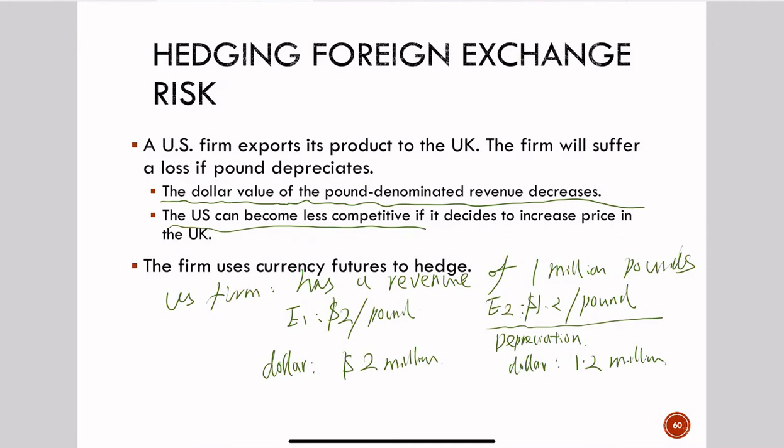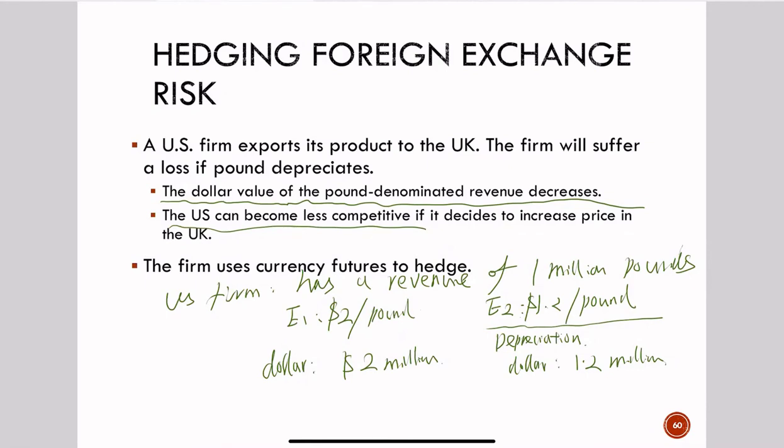However, if you increase your product price, you will become less competitive, right? So that's why we have this second reasoning. That is, you could become less competitive if you want to increase your price. So the gist here is, if you're a firm selling in a foreign market, and the foreign country's currency depreciates, then you will suffer, right? It's a bad thing for you.